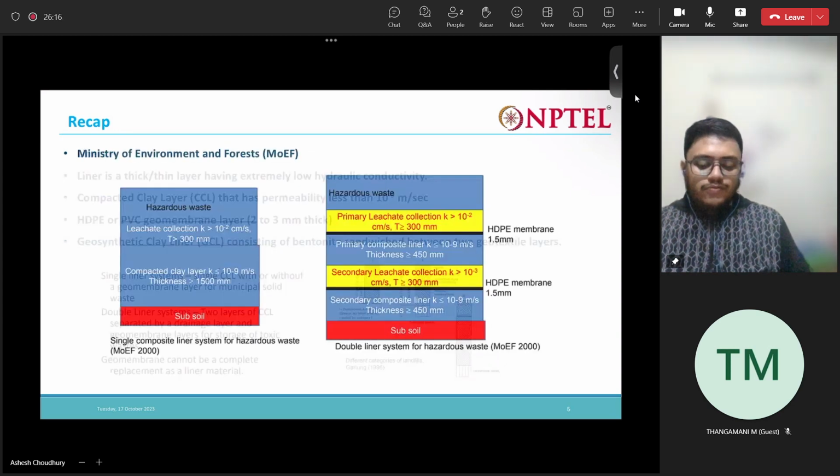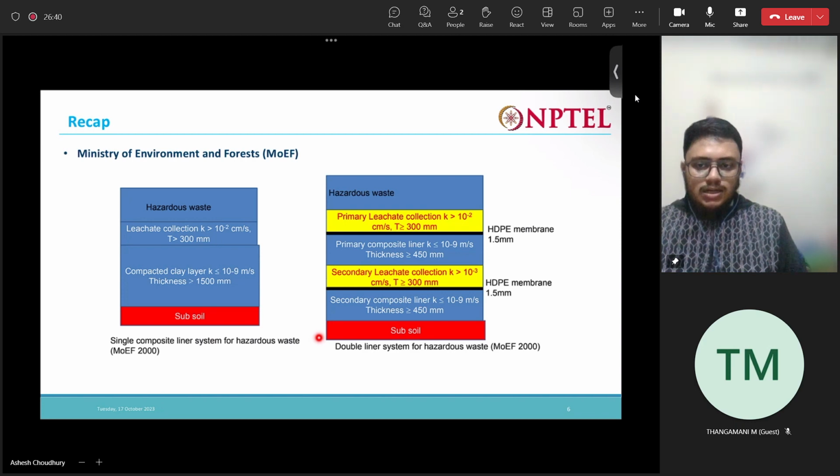The Ministry of Environment and Forest has given some specifications. You can see the specifications for single composite liner system and for double liner system. For two types of hazardous wastes, for some it has given single liner. If you want to use a single composite liner system, this may be the desired arrangement, or if you want to use a double liner system, this may be the desired arrangement.